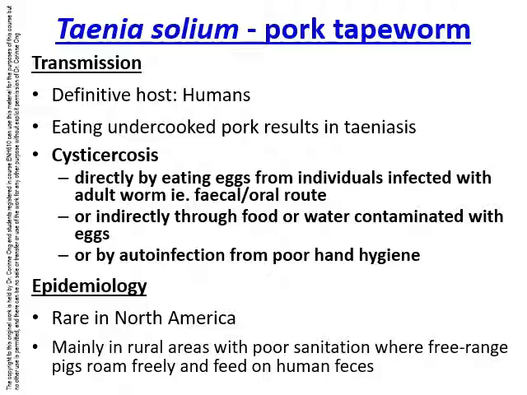Cysticercosis can be transmitted directly by eating eggs from individuals infected with the adult worm through the fecal-oral route, or indirectly through food or water contaminated with eggs, or by autoinfection from poor hand hygiene. Pork tapeworm infections are rare in North America and occur mainly in rural areas with poor sanitation, where free-range pigs roam freely and feed on human feces.